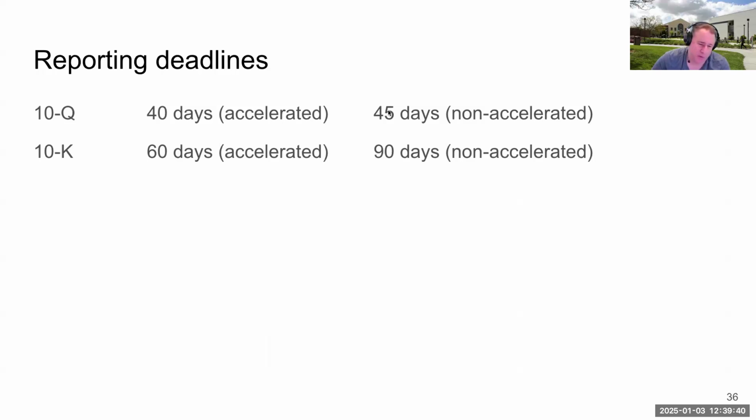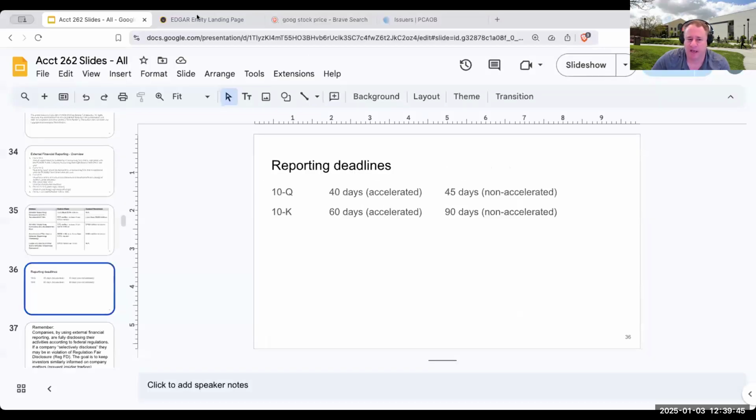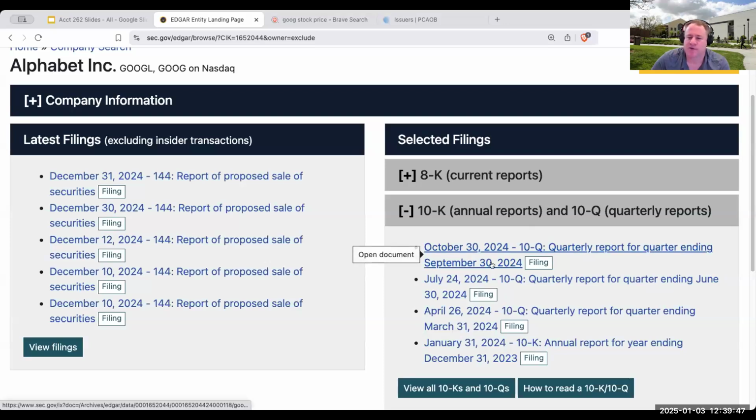If I'm non-accelerated, I have a few more days for the Q and for the K. What you're going to notice is that for Alphabet, their quarter end was September 30th, and they filed it on October 30th. Here, their quarter end was June 30th, and they filed it on July 24th. Here, their quarter end was March 31st, so they are a large accelerated filer. So you can see when these are being filed.